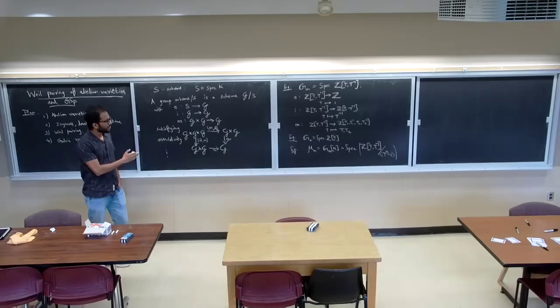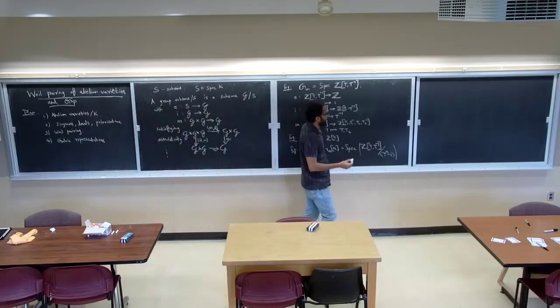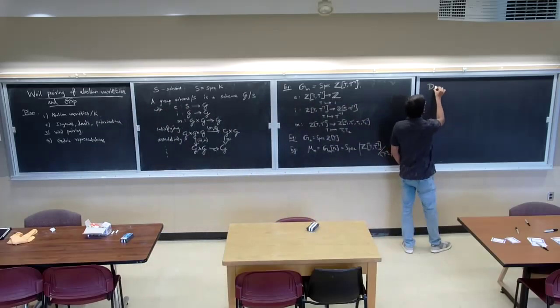So these are all examples of affine group schemes. An abelian variety is a projective group scheme.